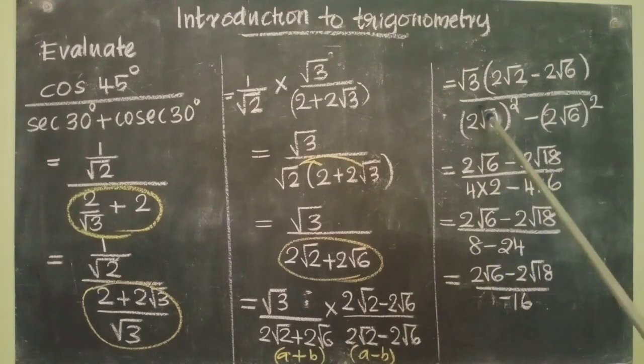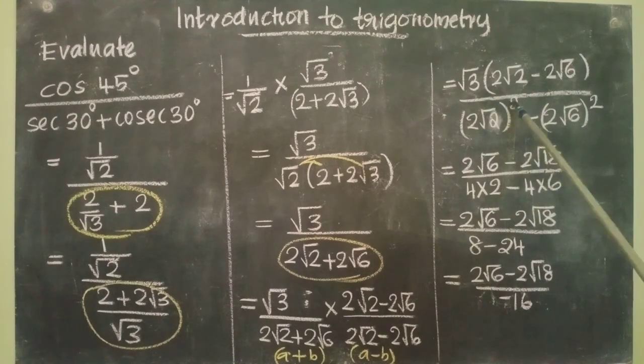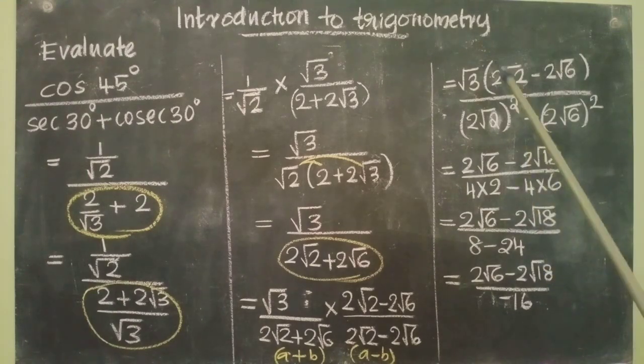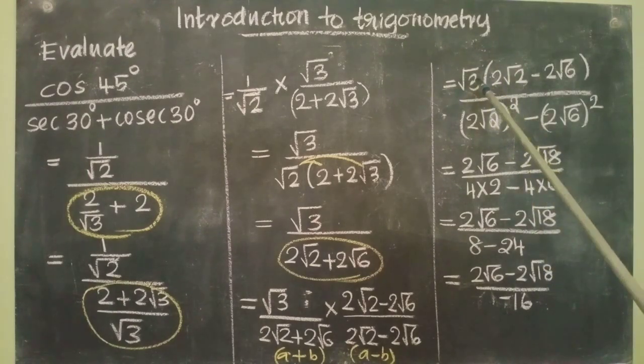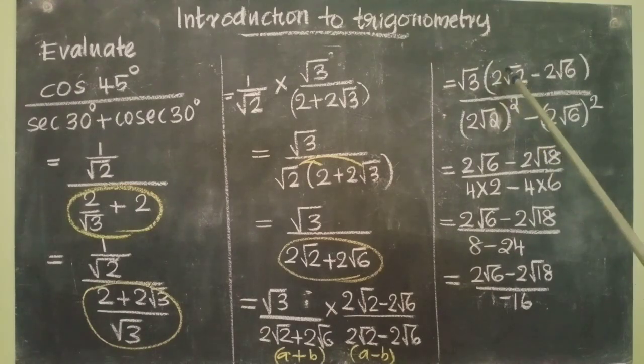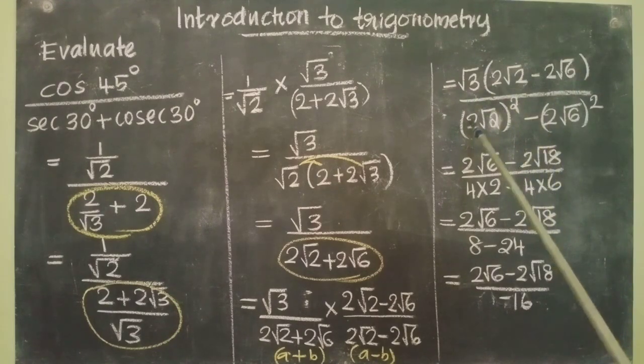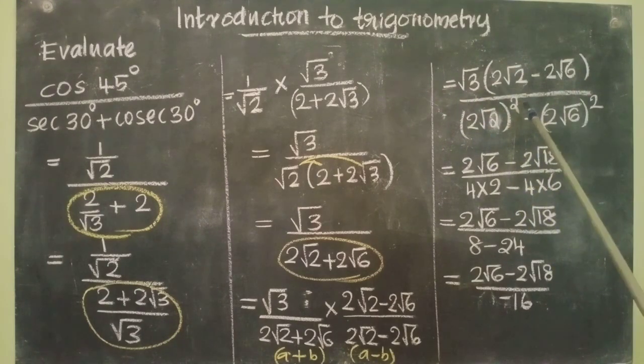So the denominator becomes a square minus b square, that is (2 root 2) whole square minus (2 root 6) whole square. Now the numerator is root 3 into (2 root 2 minus 2 root 6) divided by denominator (2 root 2) whole square minus (2 root 6) whole square.